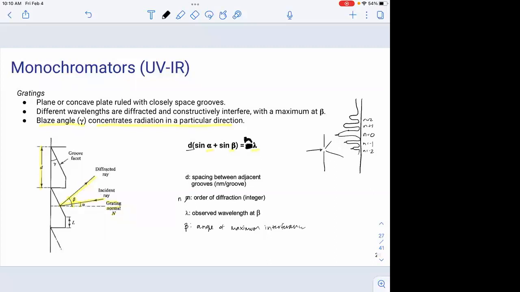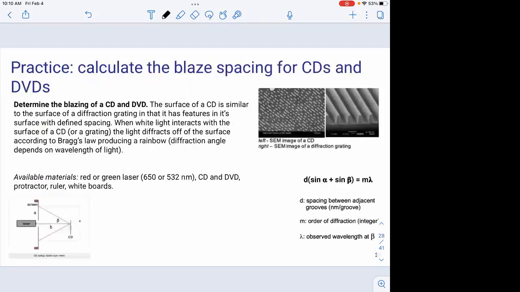Meaning that these multiple blazed angles are required in order to get that constructive interference that allows us to pull apart polychromatic light into individual wavelengths of light. Okay, great. I think that's all I'll say about the function of the grating.